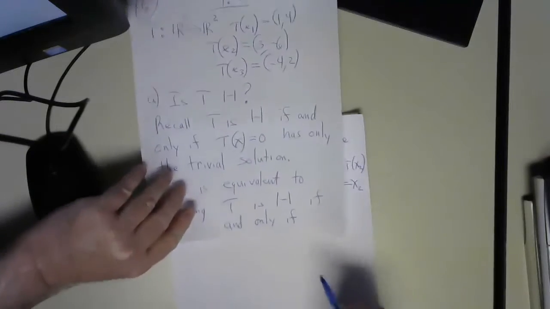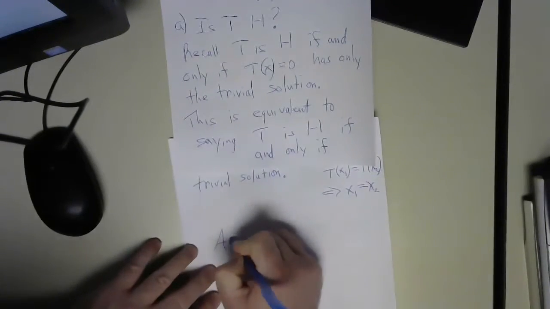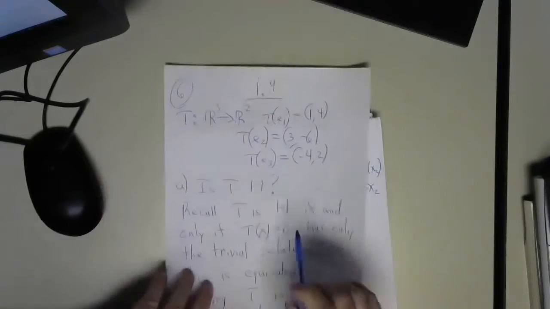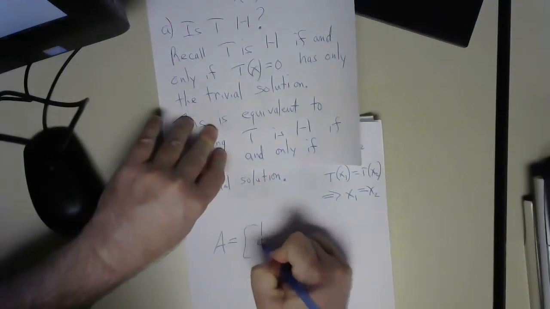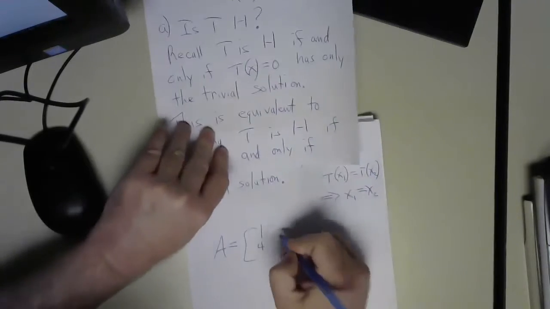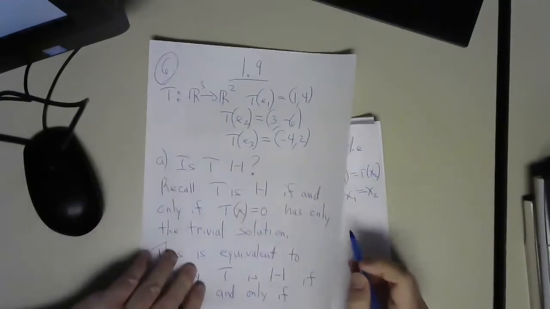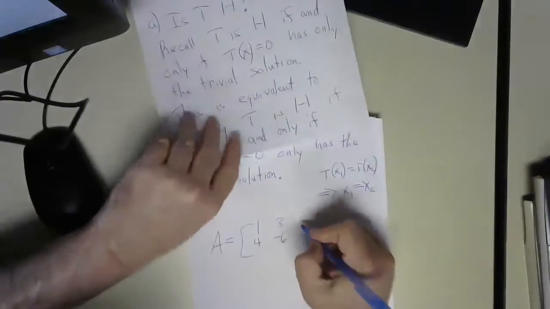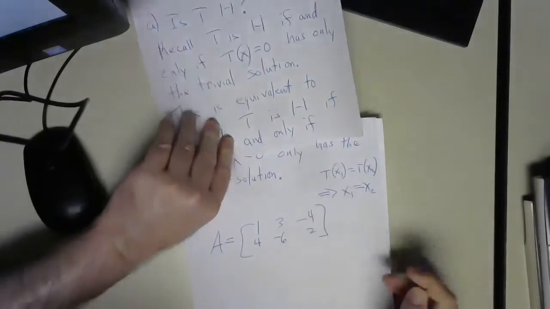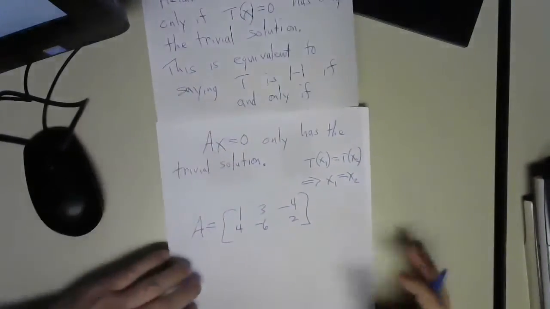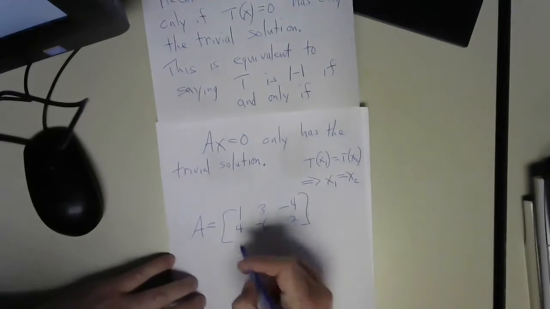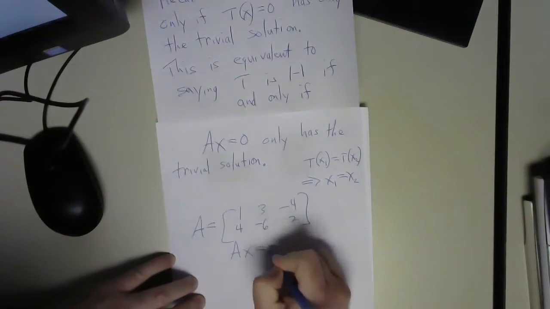So it looks to me like A, well, the first column is 1, 4. Second column is 3, -6. Third column is -4, 2. So there's our A.